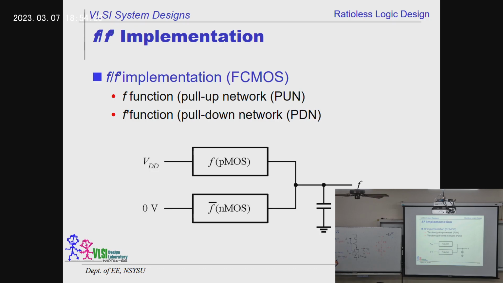So how are we supposed to do that? It's pretty easy. If you see transistors in series, then you increase the size, increase the width. If you see parallel, you don't do anything.